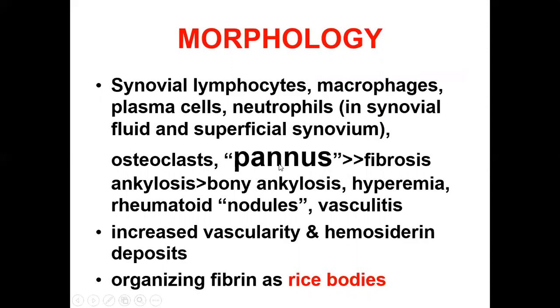That leads to fibrosis and ultimately ankylosis, fibrous ankylosis and bony ankylosis. The affected joints are hyperemic and tender, and there may be rheumatoid nodules in the skin.